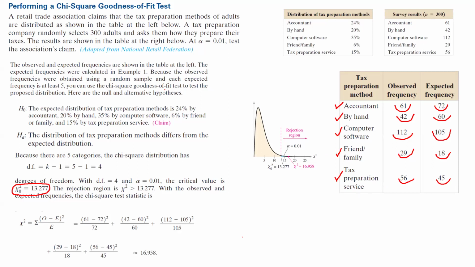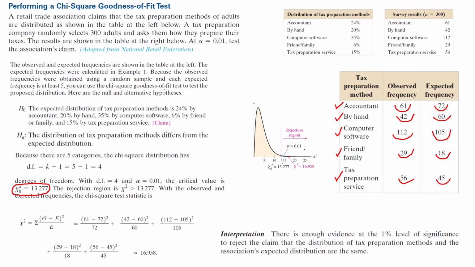If you do the algebra, it is approximately 16.958. But remember that our critical value was 13.277. Since your test statistic is more than the critical value, it is inside the rejection region.